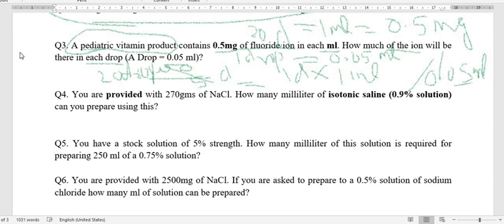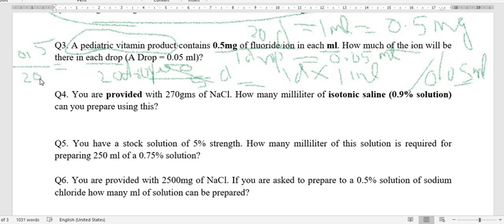So 0.5 milligram divided by the total number of drops, 20, is equal to the amount of fluoride present in 1 drop.